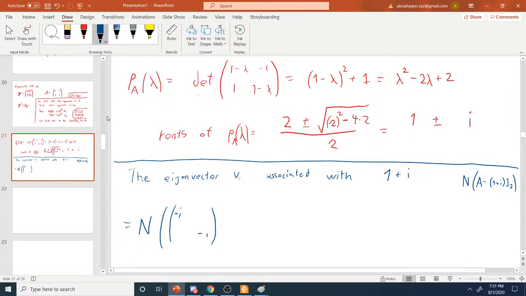Here I'll have a negative i. Here I'll have a negative 1. Here I'll have a positive 1.